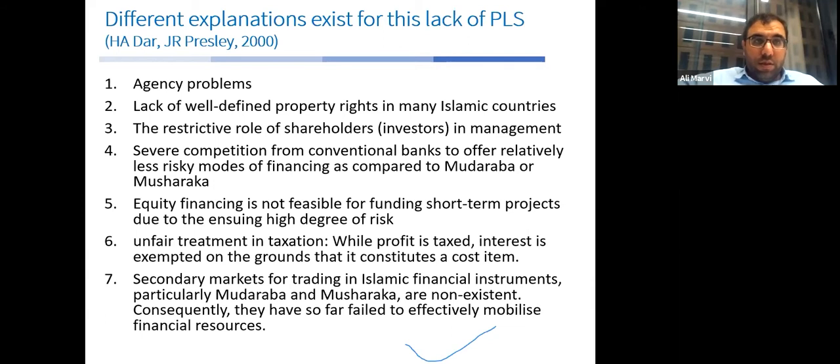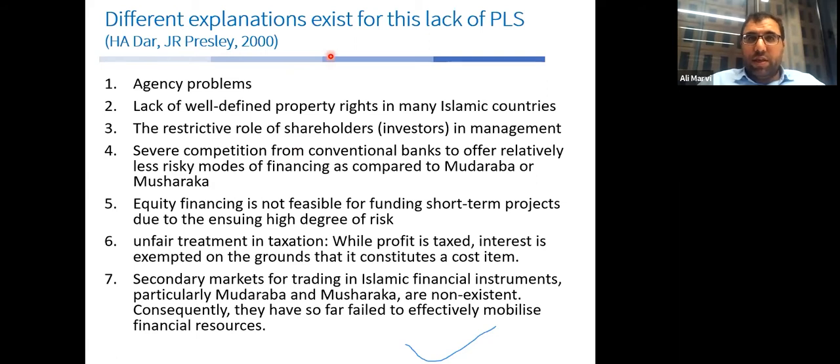And even in the contracts that are PLS on paper, what is actually practiced is somewhat different from what is designed in theory.